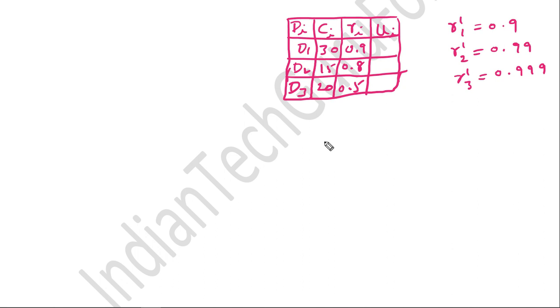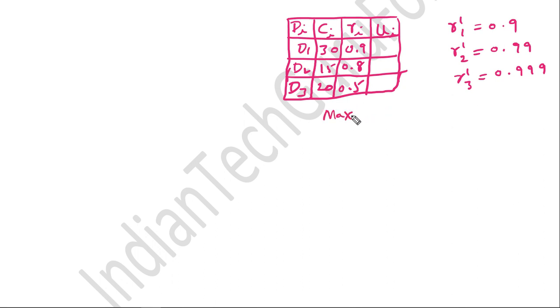When we are going to have more than one instance of a particular device, we must be willing to spend more money, isn't it? Only when we are willing to spend more money will we purchase more than one instance of a device.